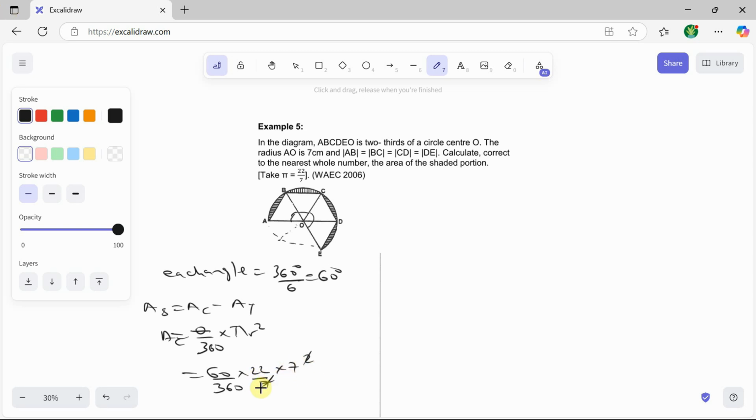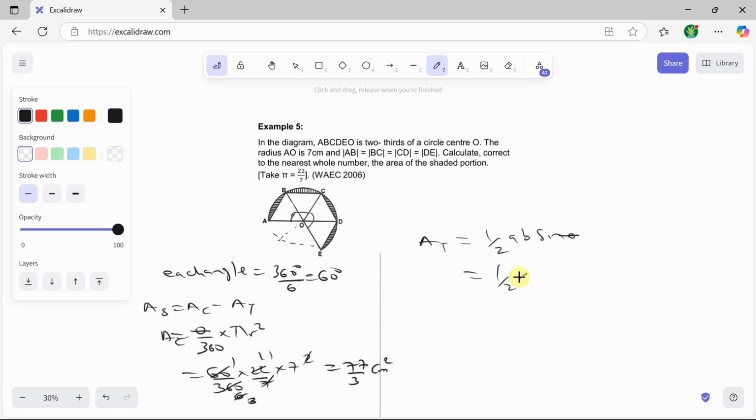This will cancel this. 60 here 1, 60 here 6, 2 here 3, 2 here 11. So this is 77 over 3 centimeters squared, right? For the area of the triangle, we have the angle between them and we have two sides, so I could use half AB sine theta, right? We've talked about this plenty of times.